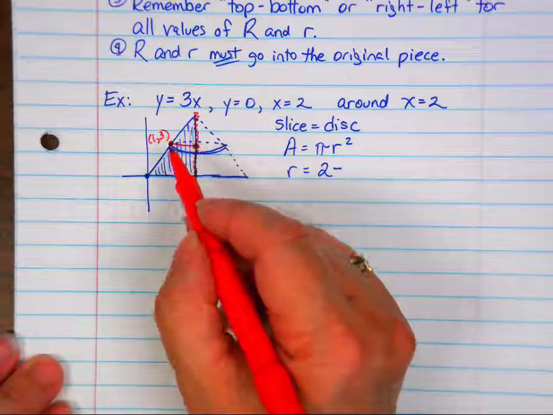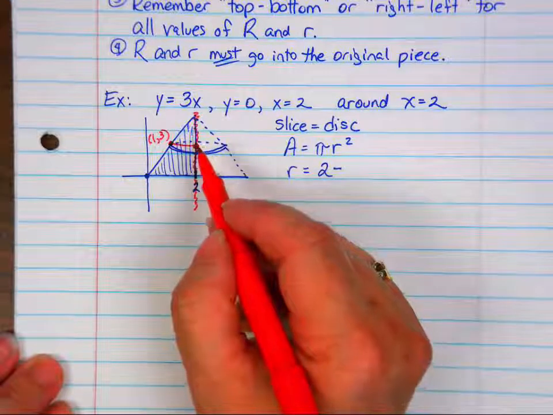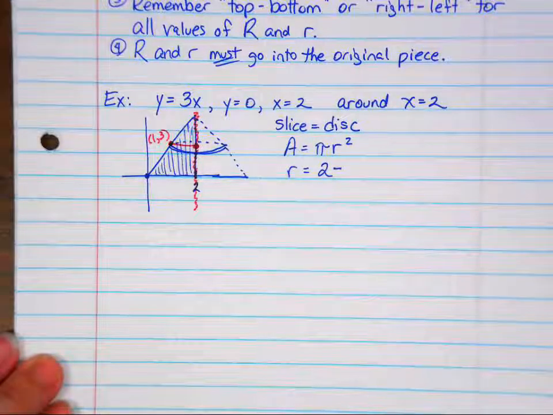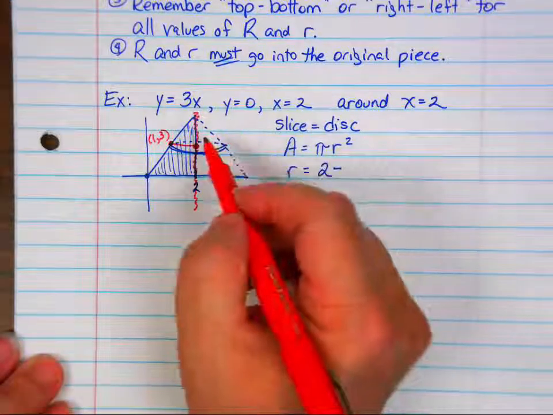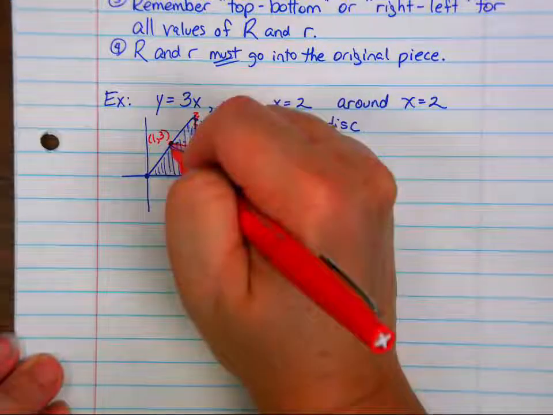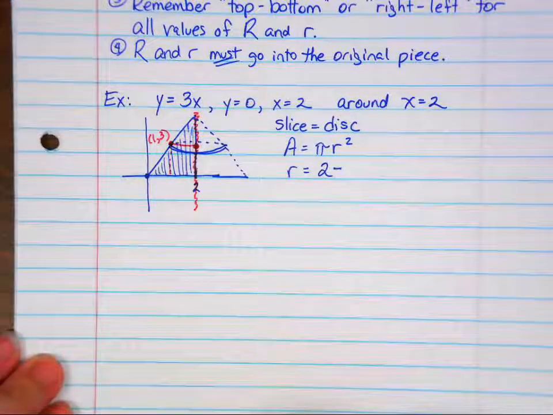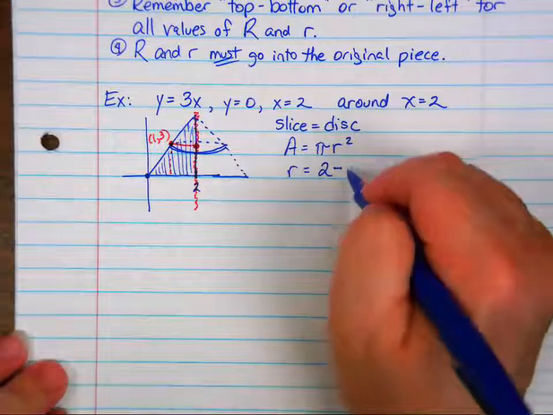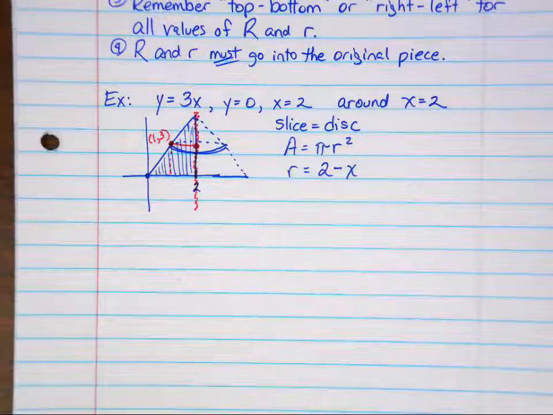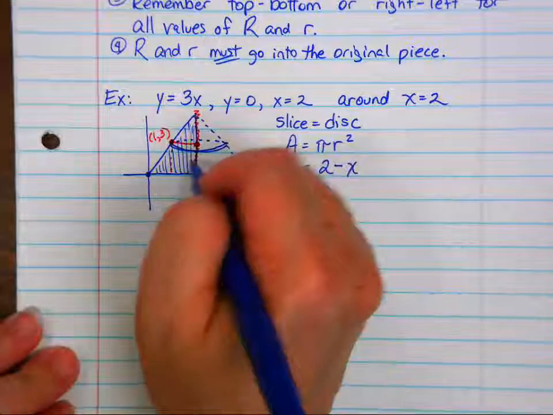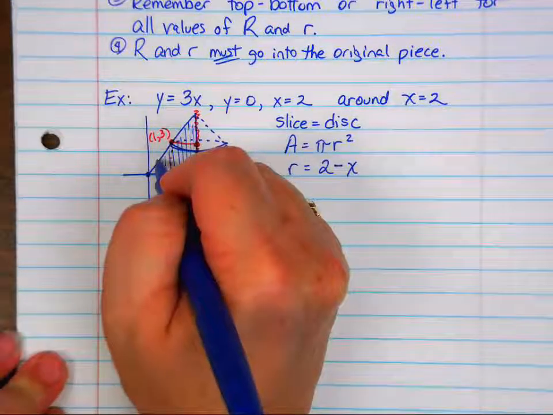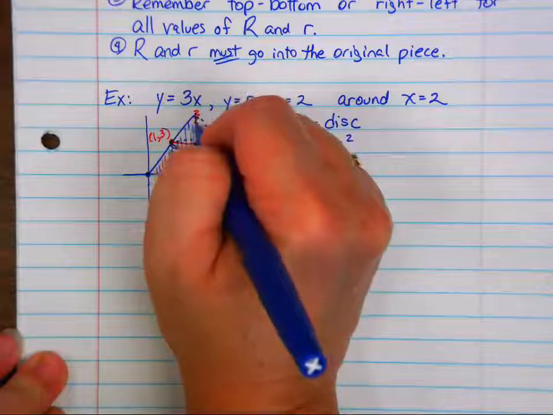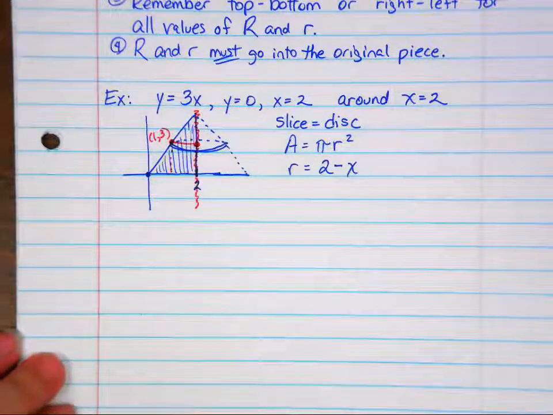Is it 2 minus 1, or is it 2 minus 3? It's definitely not 2 minus 3, because then I have a negative answer. Agreed? It's 2 minus 1 because the x coordinate tells me where I am horizontally. So it's 2 minus x for my radius. If I sliced lower, it would be 2 minus the x coordinate right there. If I sliced way up high, it'd be 2 minus the x coordinate right there.